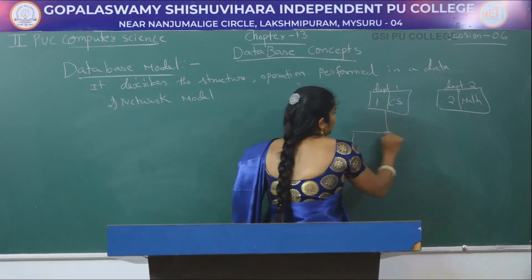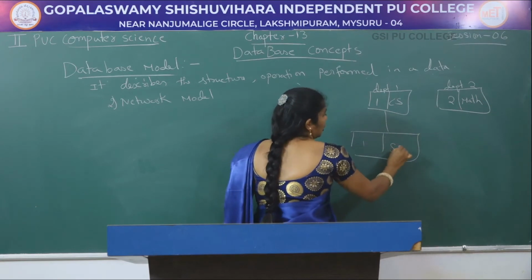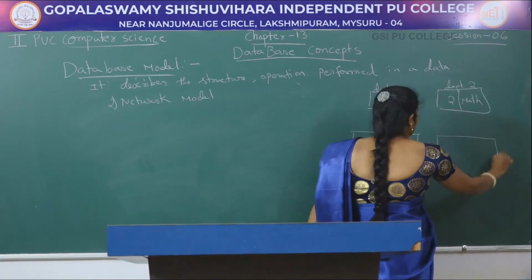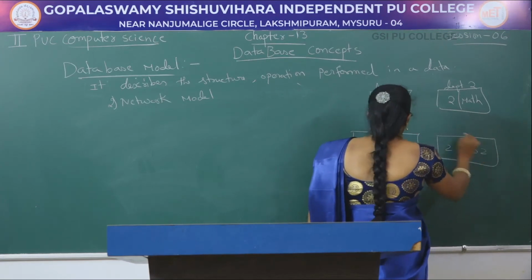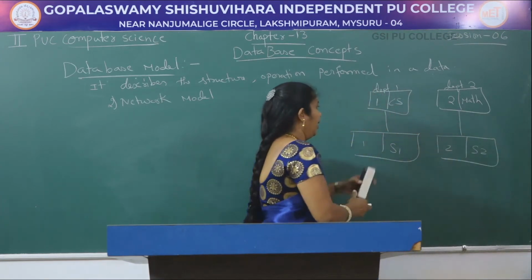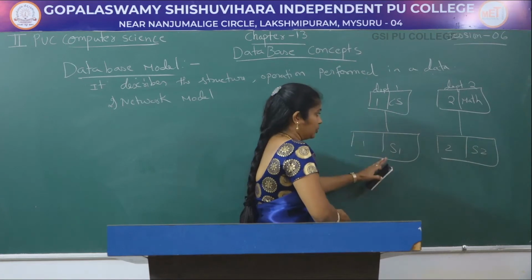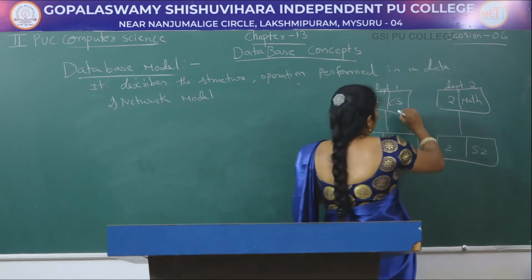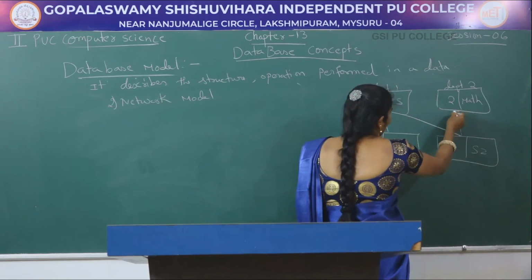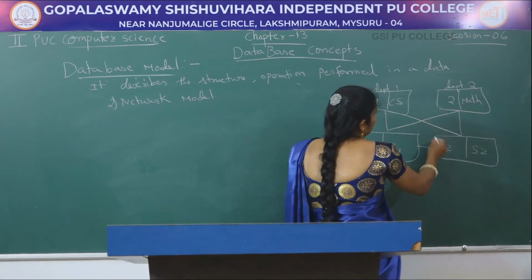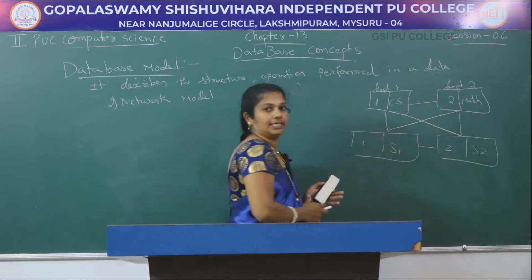This is connected to student 1 and this is also connected to student 2. For the first student we take CS, and for the second student also we take maths and CS. In the same way, all the things are connected to each other.